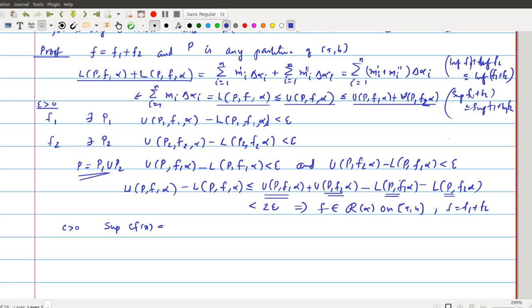That is always equal to c times the supremum of f(x). If c is positive, multiplying c with the maximum value of f(x) gives the maximum value of cf. Likewise for the infimum, if c is positive, the minimum value of cf(x) is c times the infimum of f(x). Whereas if c is negative, the supremum of cf(x) is c times the infimum value of f(x).